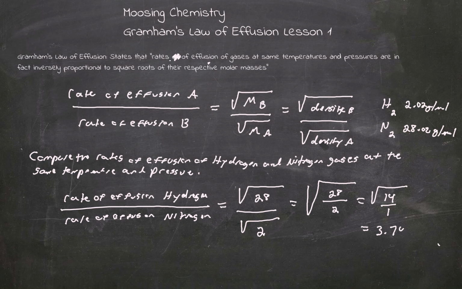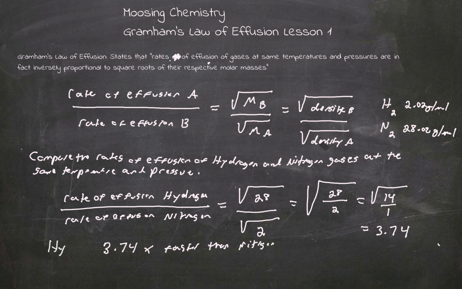Hydrogen's the lighter gas, right? So it's going to travel faster. So hydrogen is going to travel 3.74 times faster than nitrogen.